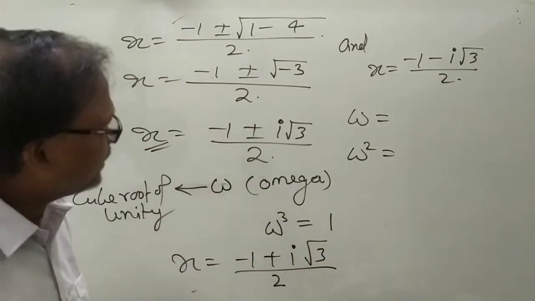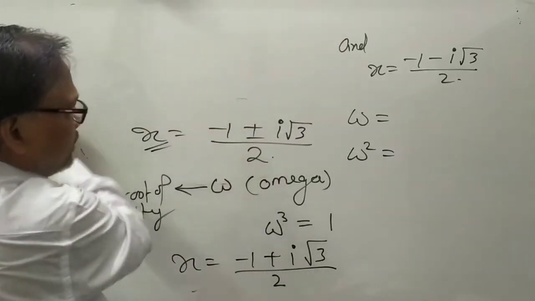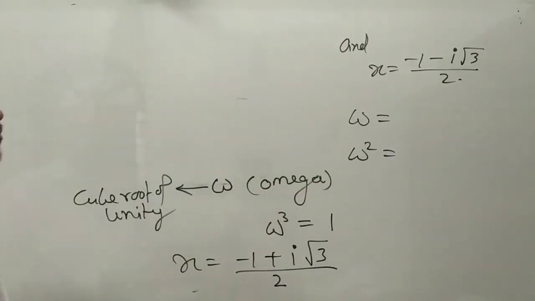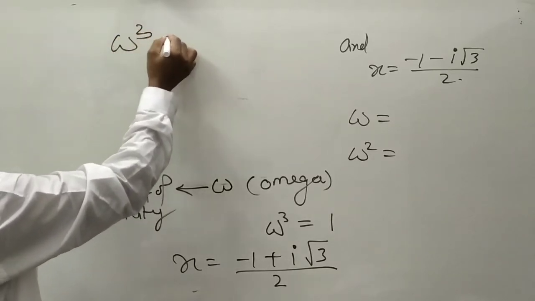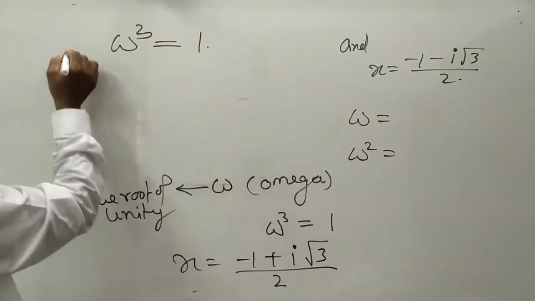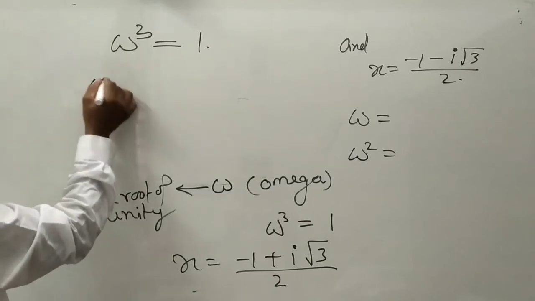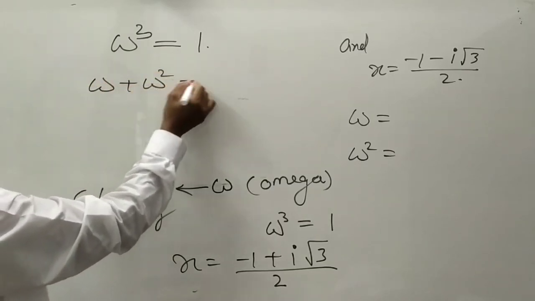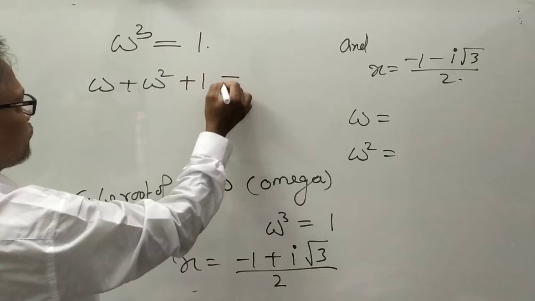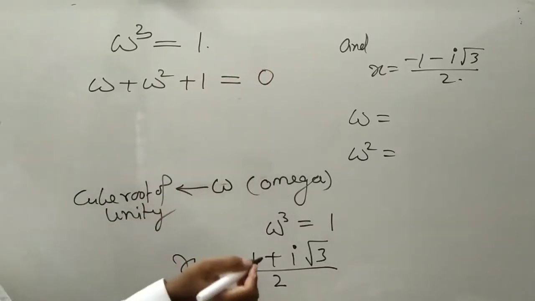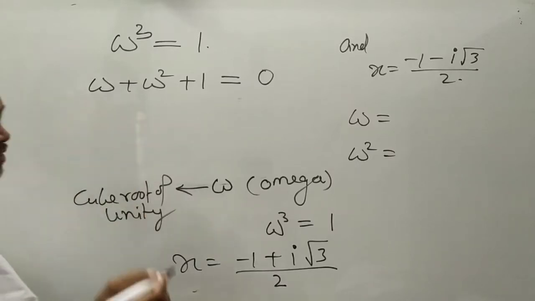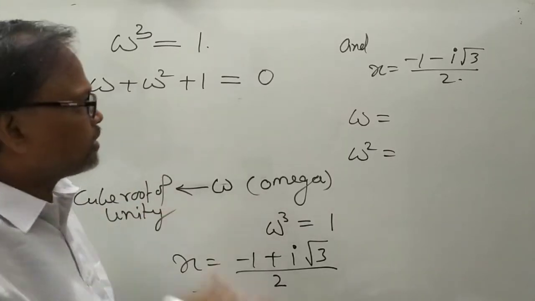So in the cube root of unity, the first relation is omega cube is equal to 1 and the second relation is omega plus omega square plus 1 is equal to 0, from x minus 1 into x square plus x plus 1 is equal to 0.